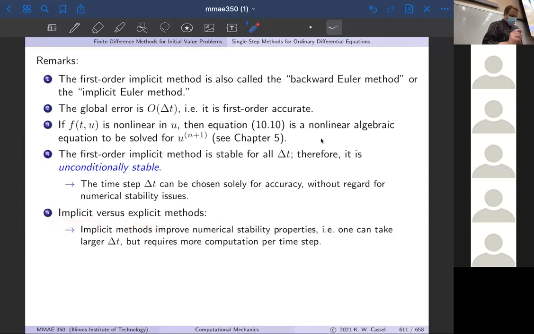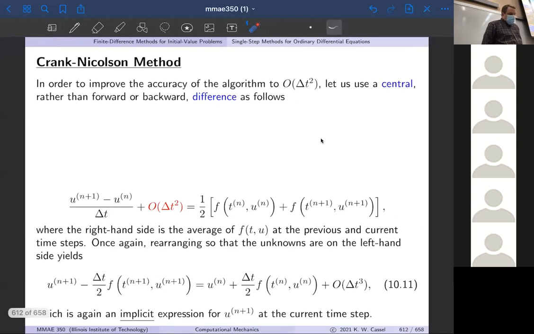All right, so that's good. Again, we've checked off one of our issues. Now to fix the second issue, which is accuracy, we go to what's called the Crank-Nicolson method, or some people call this the trapezoid method. Crank and Nicolson, so here's what they said.